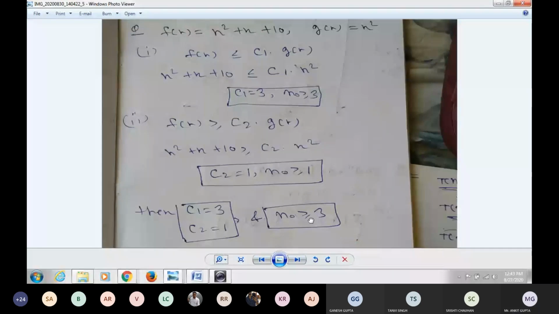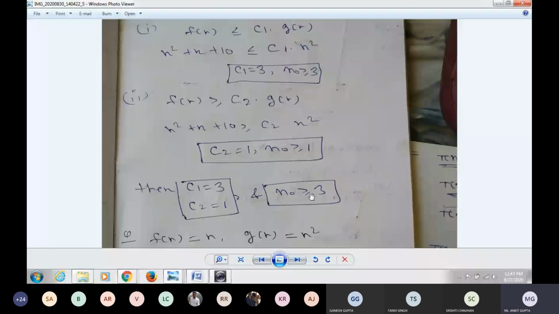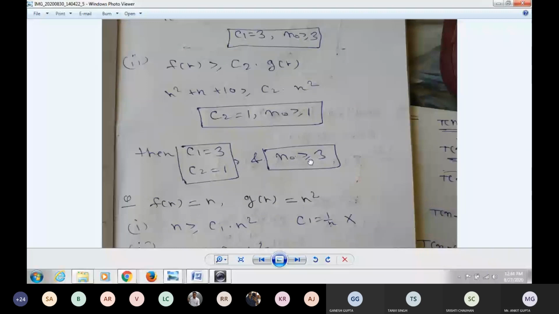Are you getting? It is just like big O and big omega notation. Yes, sir. Okay. So in the theta notation, it should satisfy both conditions.